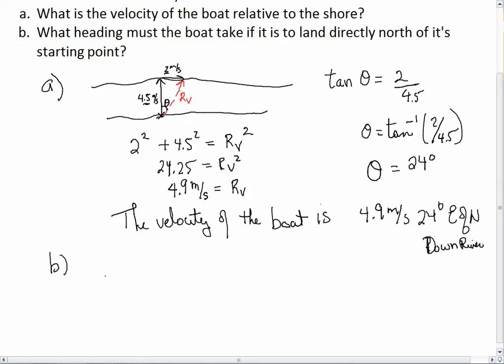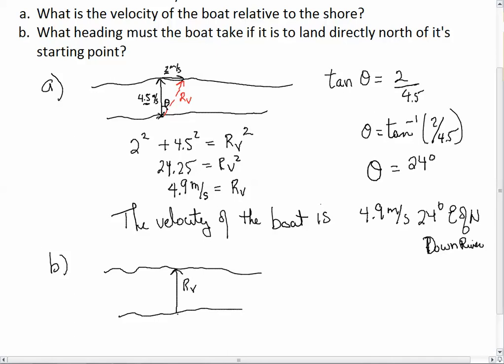So question B, again, gives us the river, and we know that the boat is going to have to head at some direction, but we want our resultant to be directly across here. So this is our resultant velocity now, rather than the velocity of the boat.